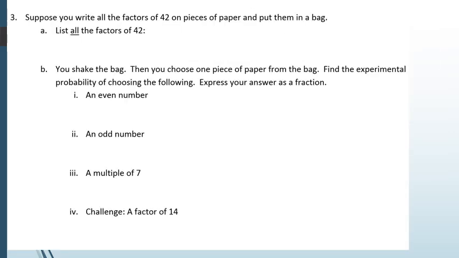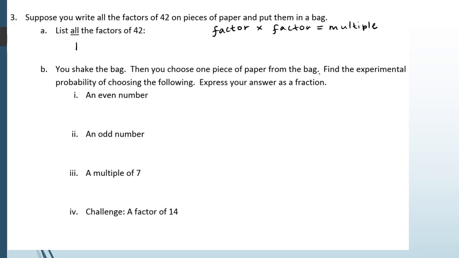Suppose you write all the factors of 42 on pieces of paper and put them in a bag. We're going to start by listing all the factors of 42. We're going to be thinking about how can I make 42? You might have forgotten this, but a factor times a factor is a multiple. So we're looking for the little numbers that make up 42, the numbers we can multiply to make 42.